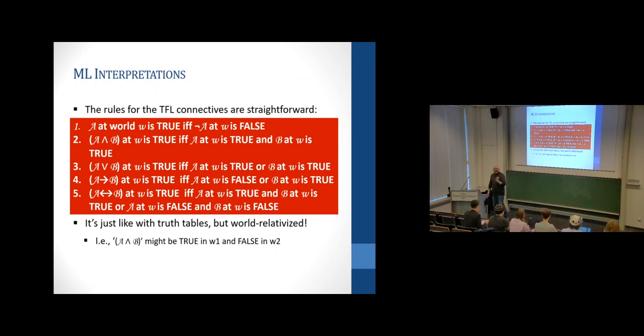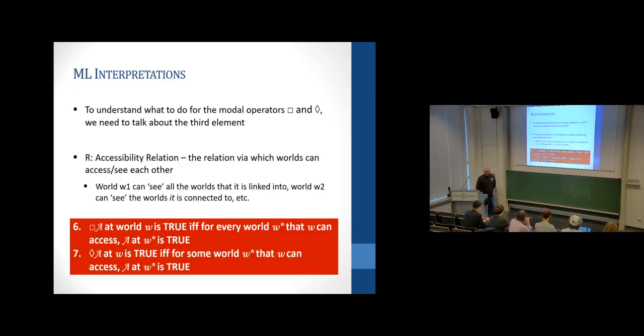The third kind of sentence we have are complex sentences featuring our box and diamond. And to make sense of those, this is where the world relativization actually kicks in. Because so far, nothing really matters about that, right? So to understand how we're going to treat our box and diamond, we have to talk about the third part of an ML interpretation. And our third part is the accessibility relation.